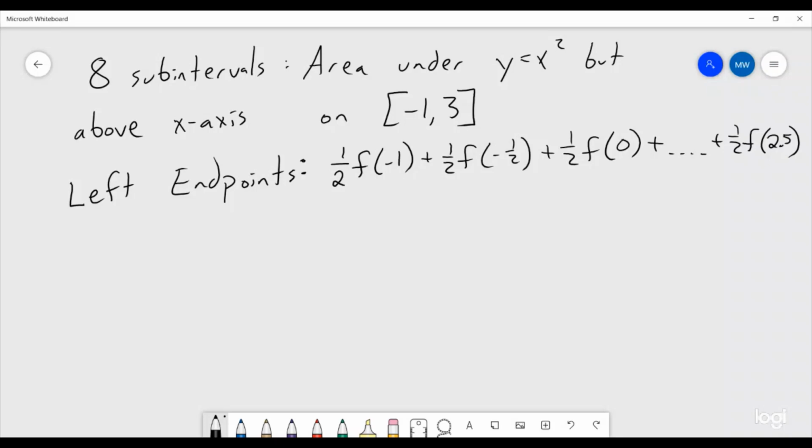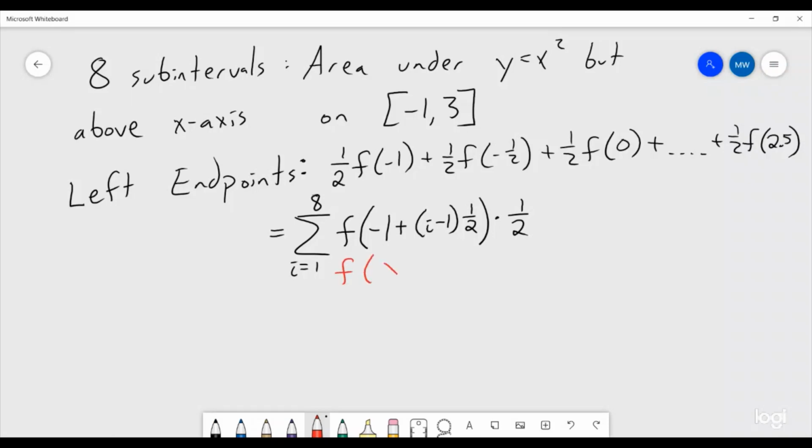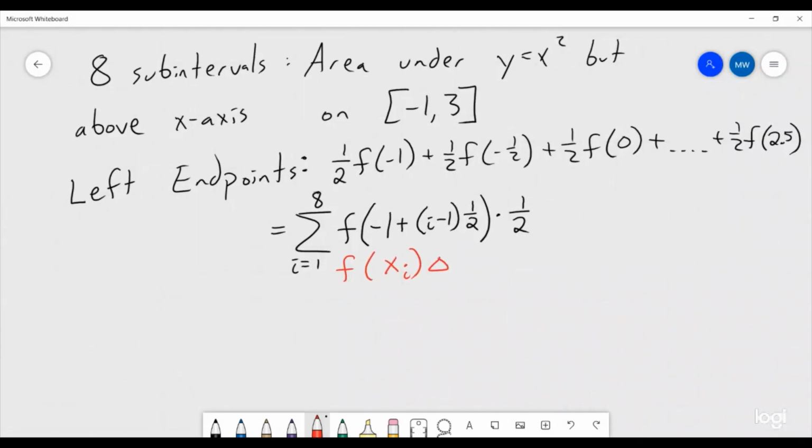And if we were to write this as a sum, this would be the sum from i equals 1 to 8 of f of -1 plus i minus 1 times 1/2, multiplied by a 1/2, where each of these pieces is f of x sub i delta x sub i. And so that's how we would write our left endpoint form, and you would be able to add all of those things up together to figure out what that is going to be.